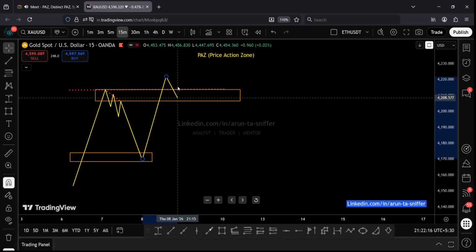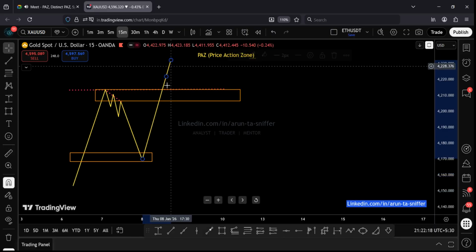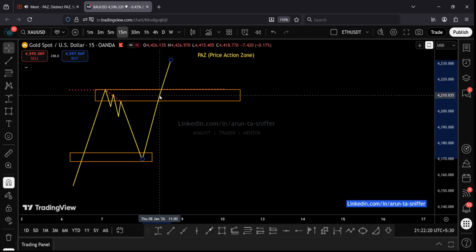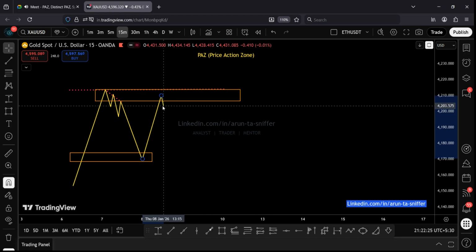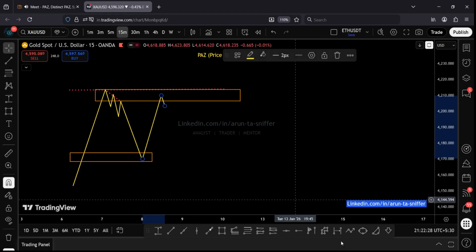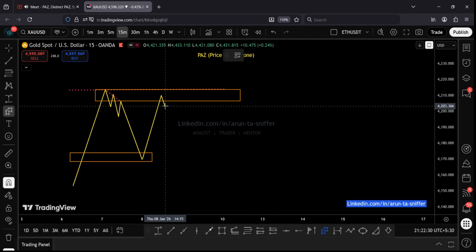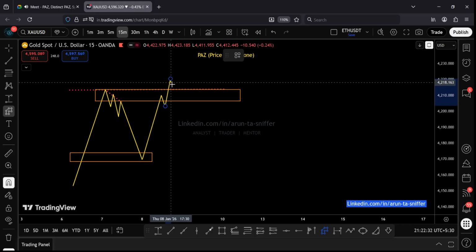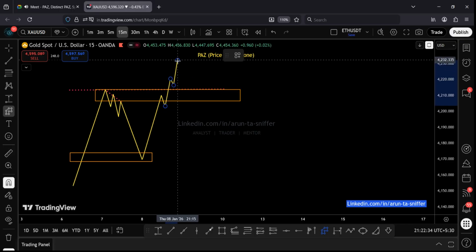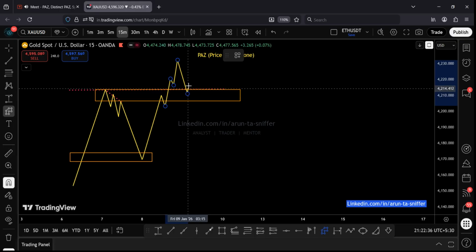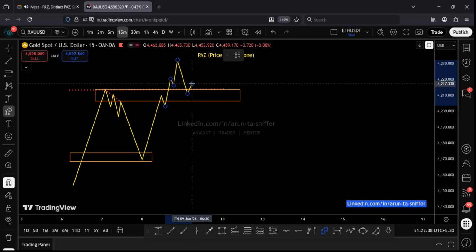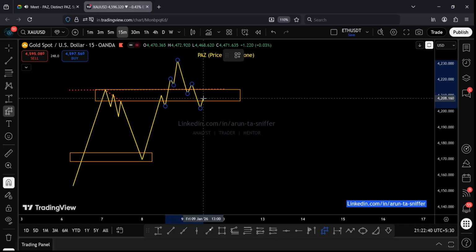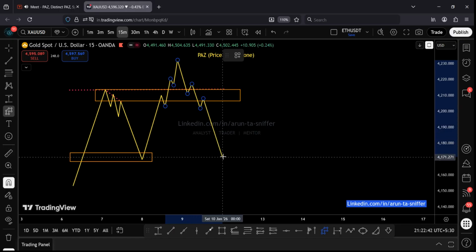Go up like this. This can also do like this. Goes up, comes down, goes back, comes down, goes back, then comes down again.